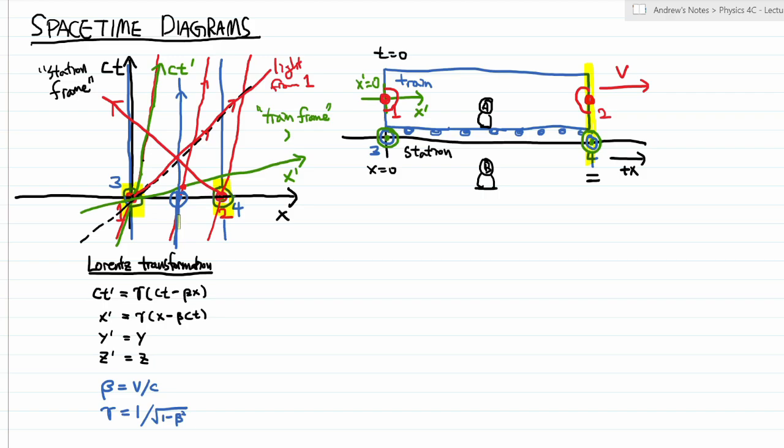Bob, who is traveling along this world line, sees both light from 1 and 2 arrive at him simultaneously, and will conclude that 1 and 2 occurred simultaneously. And indeed they did. They both happened at t equals 0, simultaneous in the station frame.